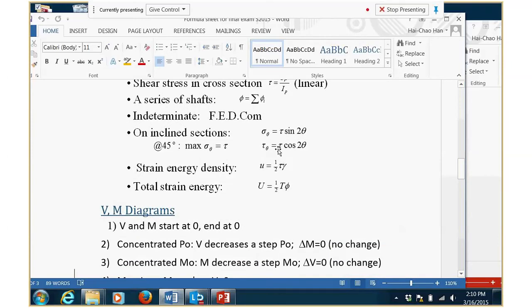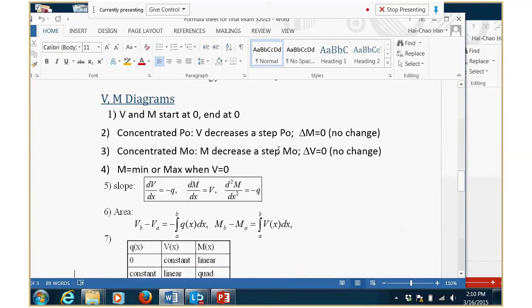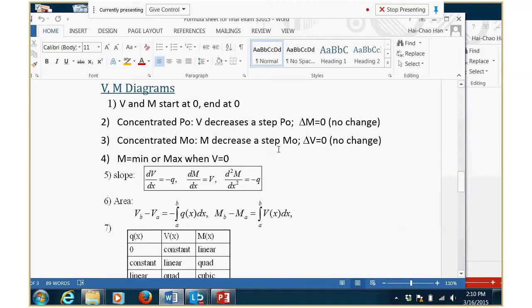And then we spent a lot of time talking about the VM diagram for beams. We talked about 3 types of beams: a simple beam, a cantilever beam, and an overhanging beam. These are the 3 basic types of beams. You need to know how to find the reactions, and that's the key part. If you get the reaction wrong, everything will be wrong.